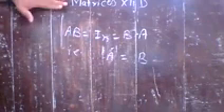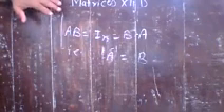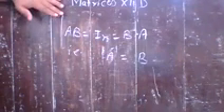Okay, that is the definition or the condition of an invertible matrix. Okay, so how do you find the inverse of any matrix? By using elementary transformation.